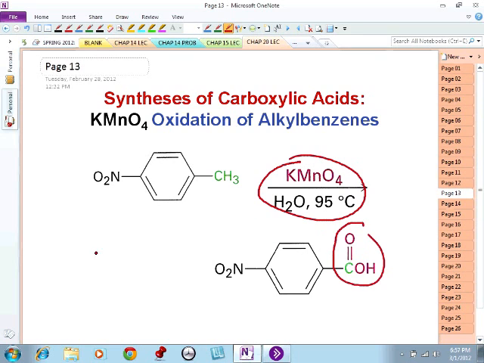For example, if I take this molecule and I use potassium permanganate, I will get benzoic acid.